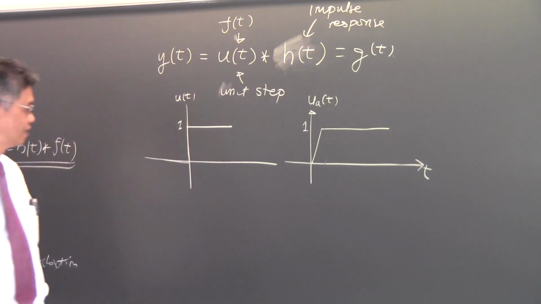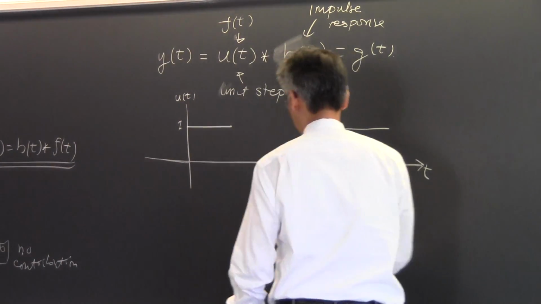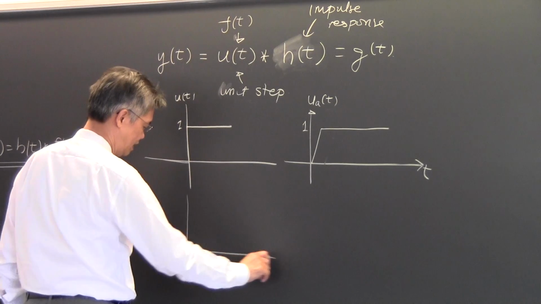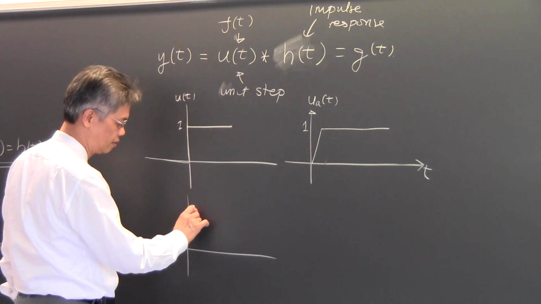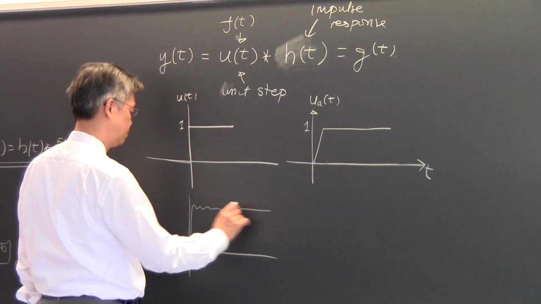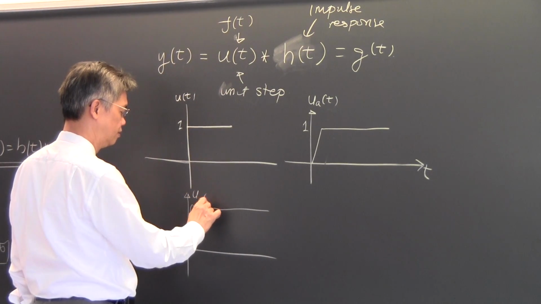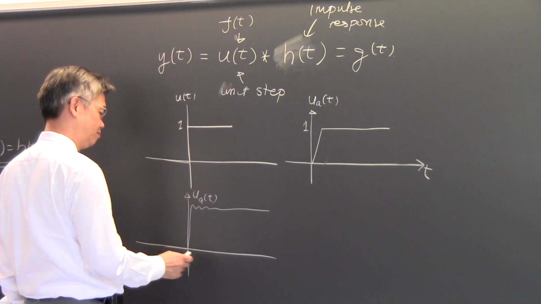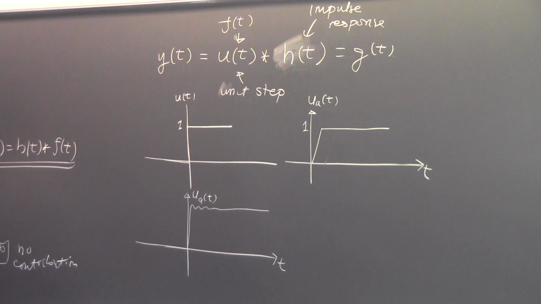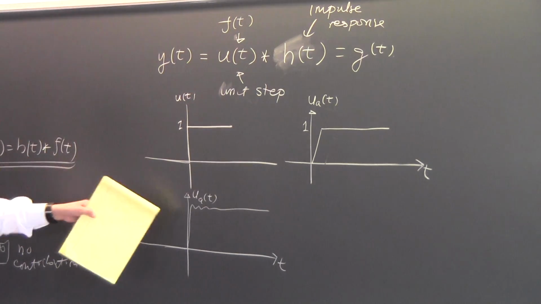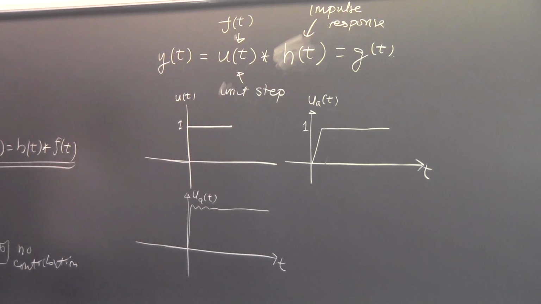If you were to construct a unit step function in the lab, it might look something like this. Okay, so this is what you have in the lab. It's not truly a unit step function, but it's supposed to be a unit step function, and that is the most that you can have in the real world. In the real world, you cannot construct this, but you can construct something like this quite easily.